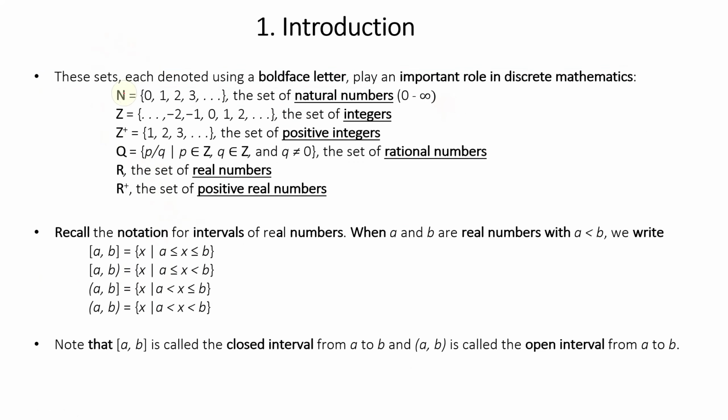So we said the natural numbers are this, and all the integers are like this, Z. When we say Z plus, which is all the positive integers, we said that it starts with 1, not 0. So 0 is not included in this list. The Z plus does not include the 0.